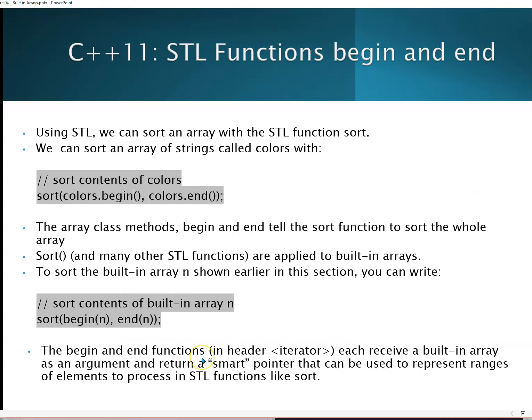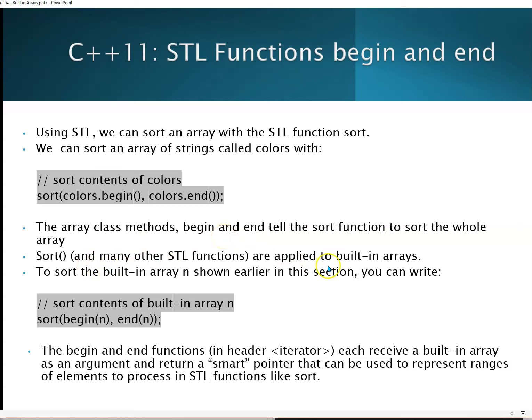So now, taking that using STL, we can sort an array with the STL function sort. We can sort an array of strings called colors with sort(colors.begin(), colors.end()). The array class methods, begin and end, tell the sort function to sort the whole array.